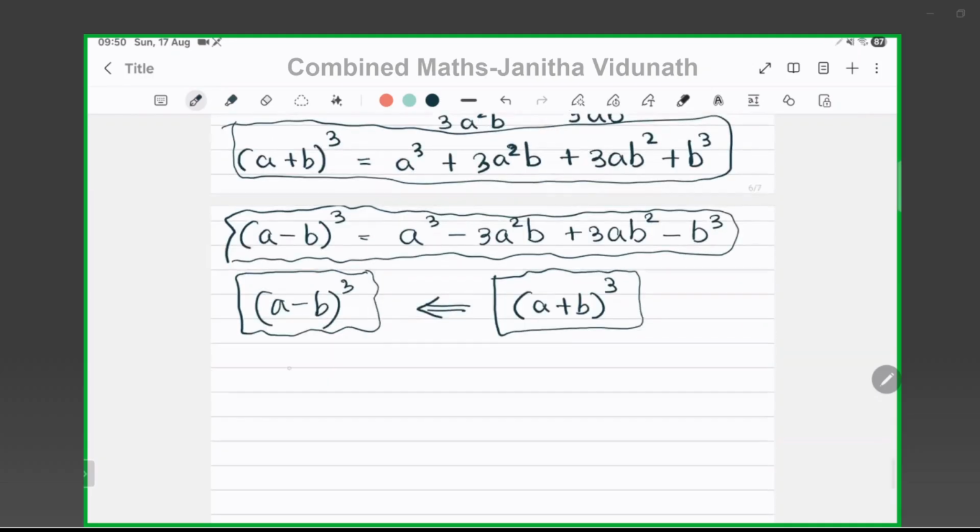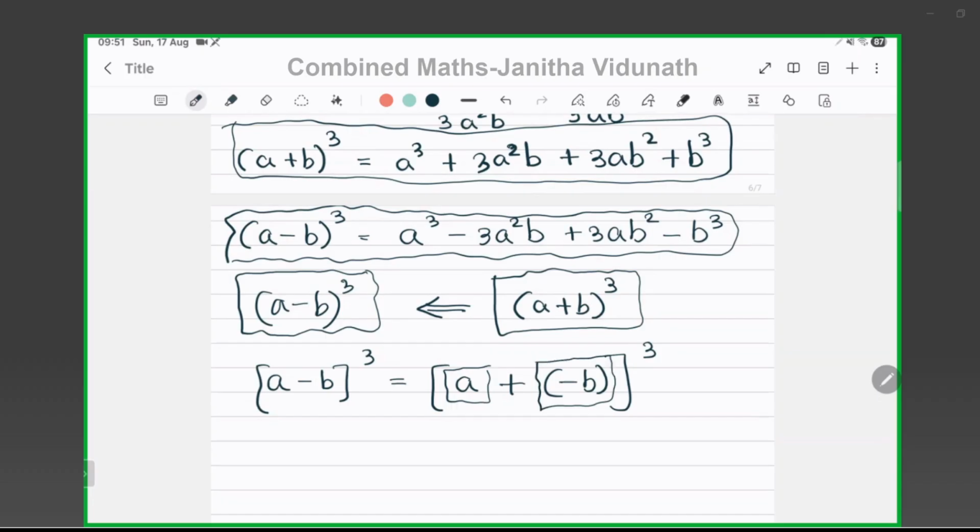Here, simply, a minus b whole cube can be written as a plus minus b whole cube. Here we have the first term as a and the second term as minus b. Between them we have a plus sign, and here we have the power of 3.